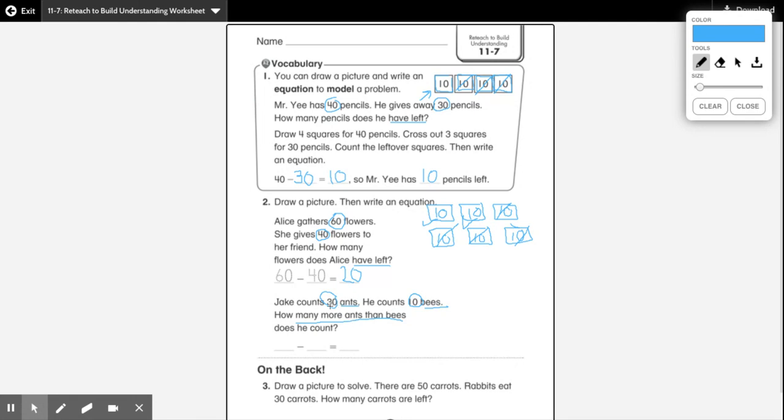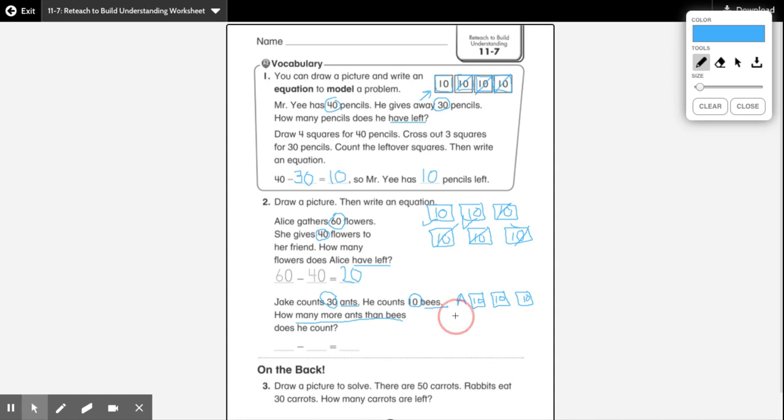So let's first show 30 ants. I'm going to put an A here so I can remind myself that what I'm going to put here are the ants, okay? So 30, I'm going to draw 3 squares for the ants, and each square is worth 10. Okay, now let's see what we're comparing next.